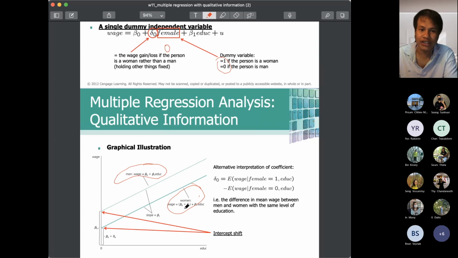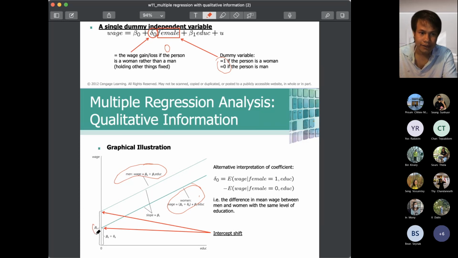This is the coefficient for women. This is the intercept for women. This is the intercept for men. How do we know that men start with a higher salary than women? That is empirical evidence. Normally, we found that men tend to earn more than women, right? So the intercept for men's equation is delta 0.